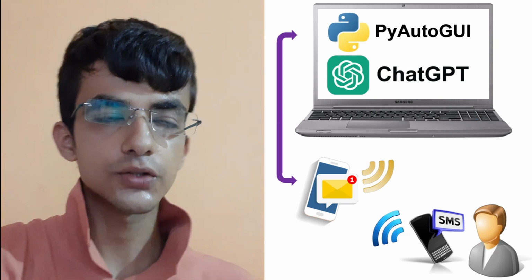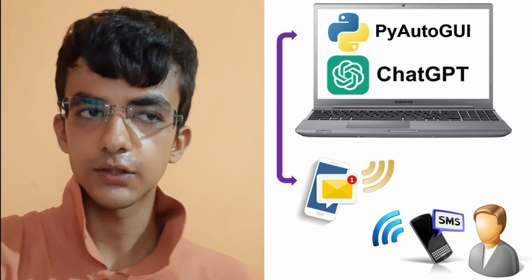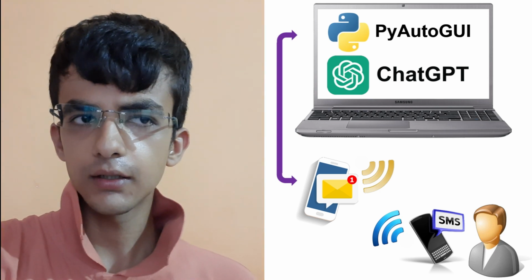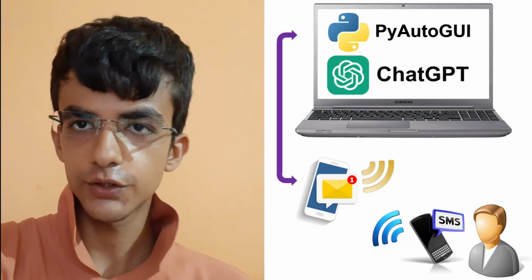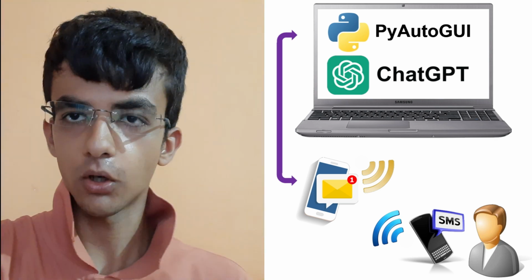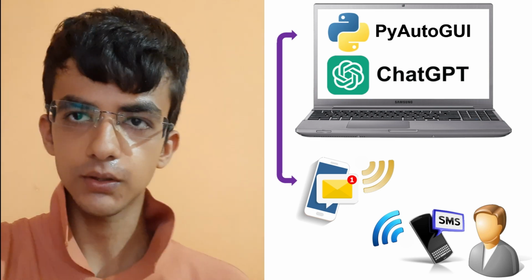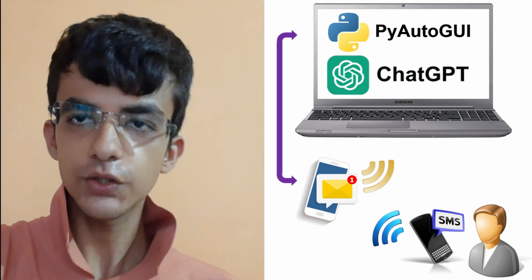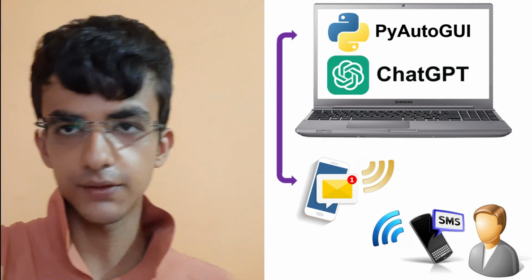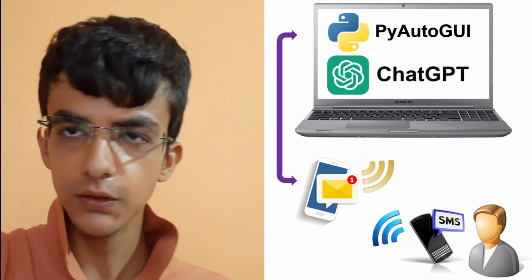So this is my server-side SMS application, and I'm utilizing, of course, ChatGPT, which is the showstopper of this entire project, and on which the entire project depends, and which it is trying to make accessible to users of feature phones.